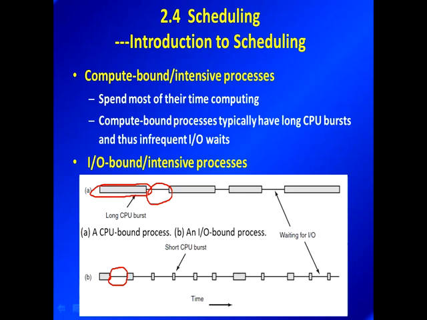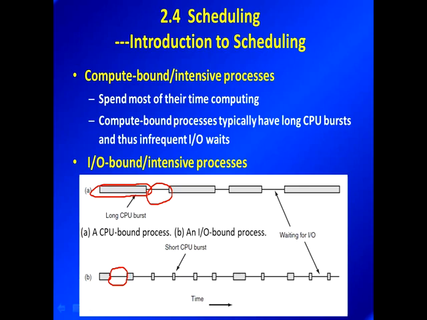Because we are using the keyboard to type the characters into the file, and it's very slow compared to the speed of the CPU, even compared to the memory or hard disk. The speed of typing on the keyboard is much slower than the speed of the CPU or hard disk or memory.